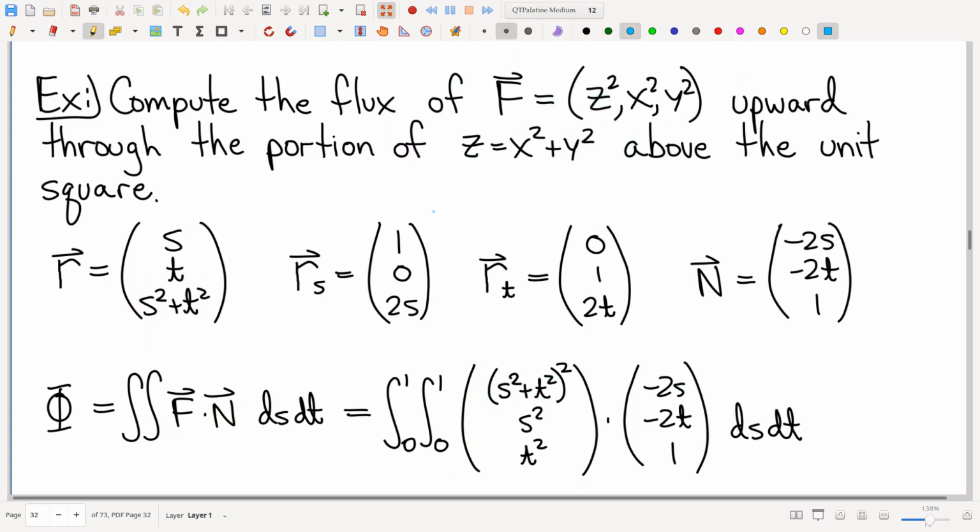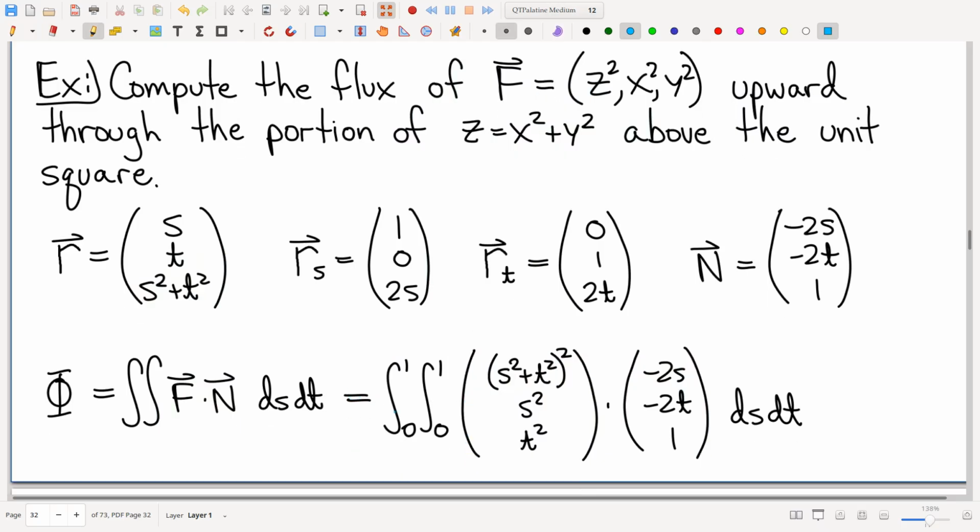Okay, last thing we need to talk about, where do these bounds come from? So here's where you have to think about the geometry a little bit. Let's think carefully about our domain. Our domain is given, let's see, I'm going to squeeze it in. You know what, let me do this in a different color. So our domain is, it says, above the unit square.